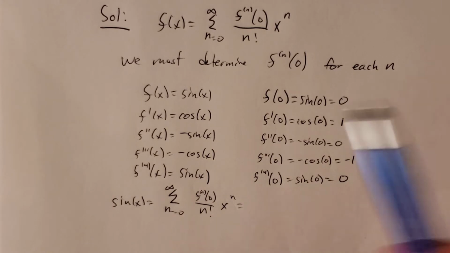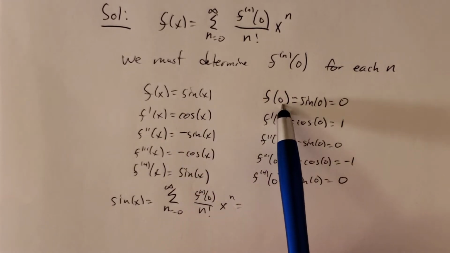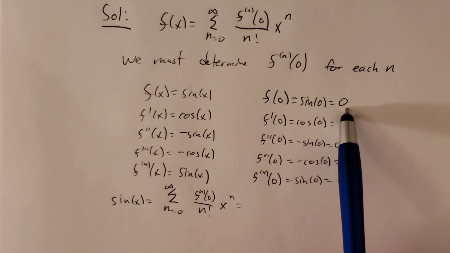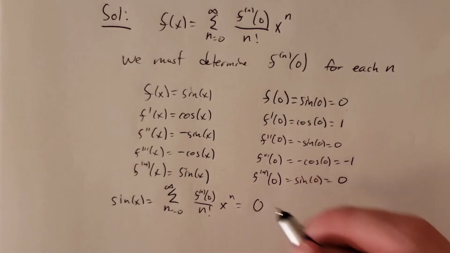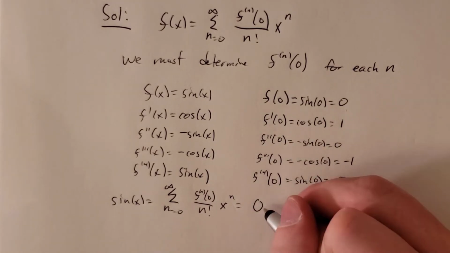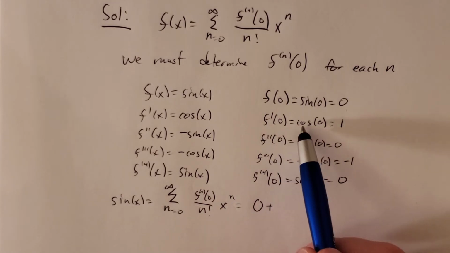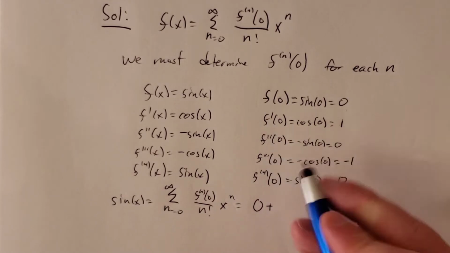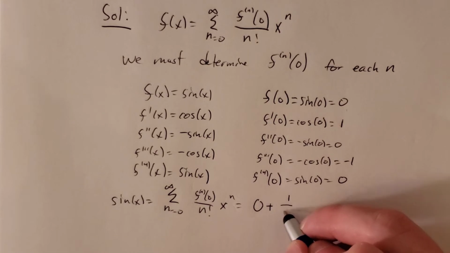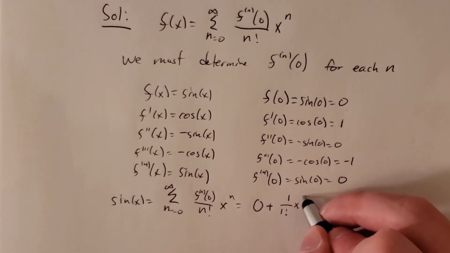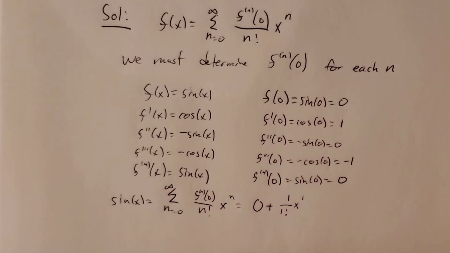That is f of 0, which is 0, so we get 0 as the first term. Plus, plugging in n equals 1, f prime of 0 is 1, so we get 1 over 1 factorial x to the first power.